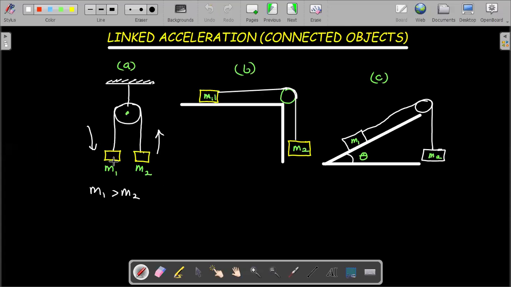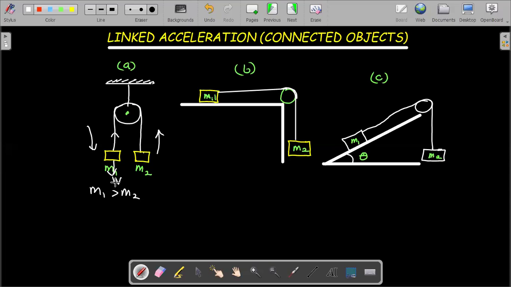the weight of an object will always act downward. As the weight of this object acts downward, there will be a reaction experienced by this rope, which will be equivalent to the weight of this object that we have here, according to Newton's third law: for every action, there will be an equal and opposite reaction.